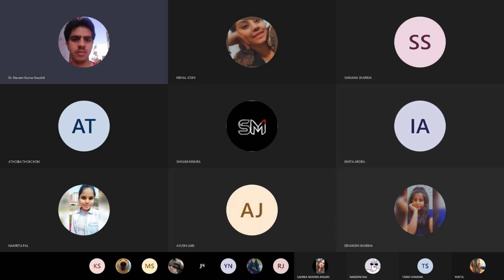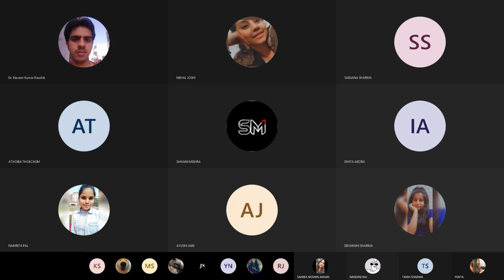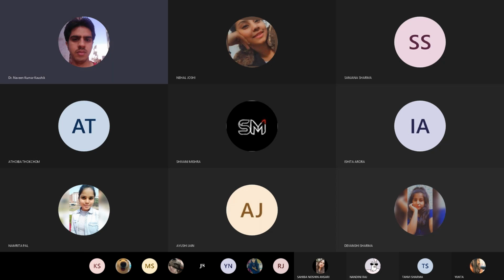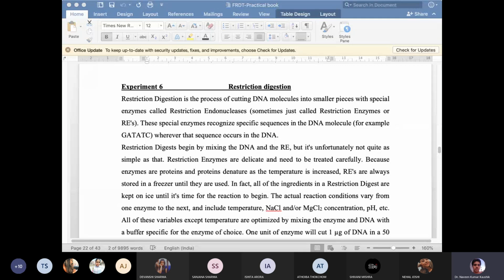Okay, so now we can move to our next topic, and that is going to be restriction digestion. When we say restriction digestion, it simply means you are going to utilize the restriction enzyme.